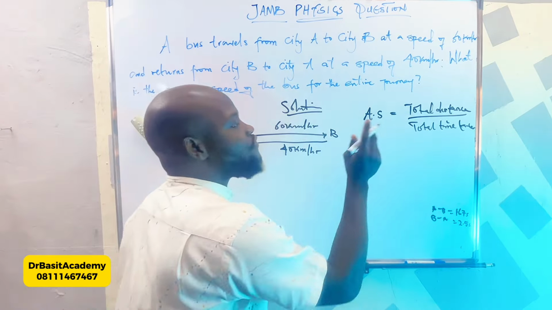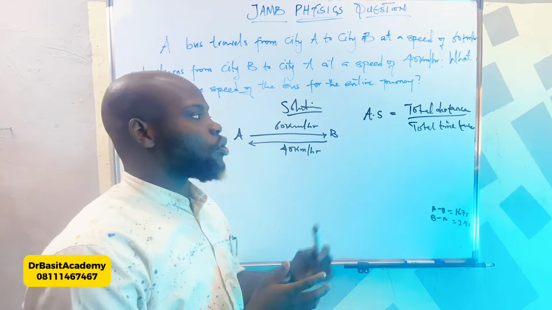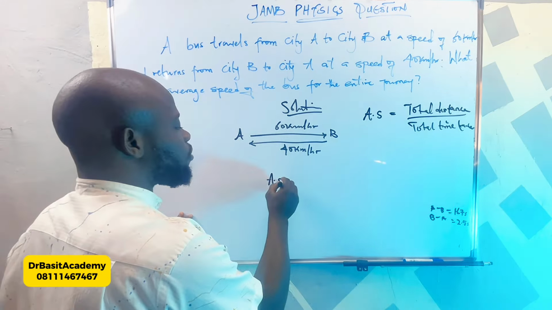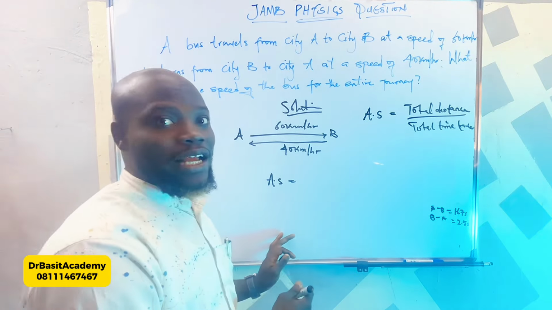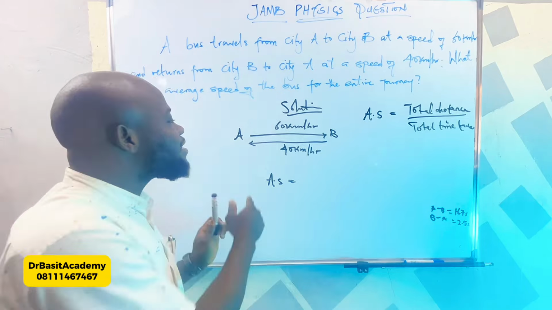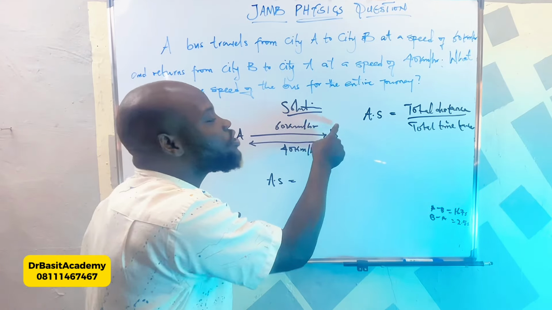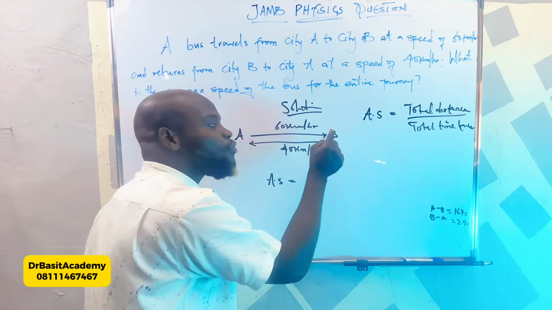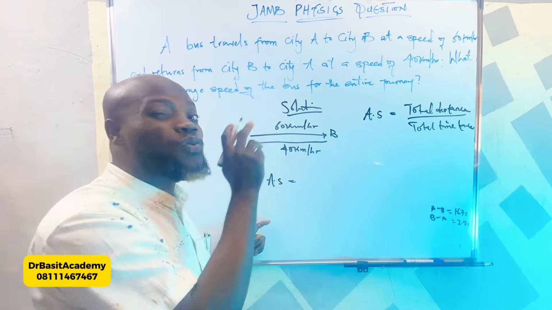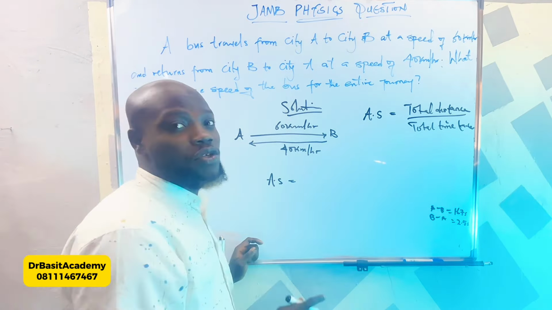Now, our average speed is equal to total distance all over total time taken. What's our total distance? For us to get our total distance, it is the distance from point A to point B plus the distance from point B to point A. Since we represented it with 100, you have to work with that 100, okay?